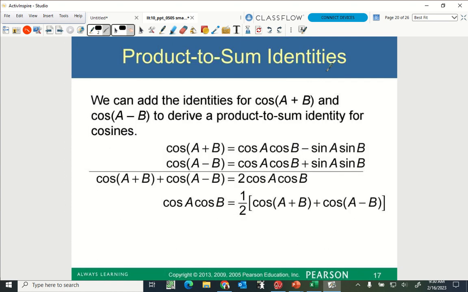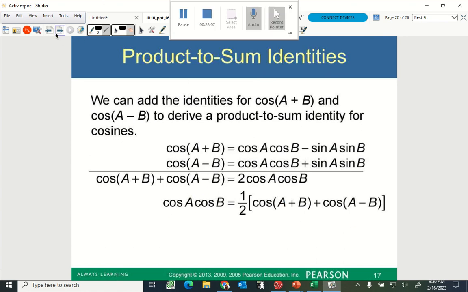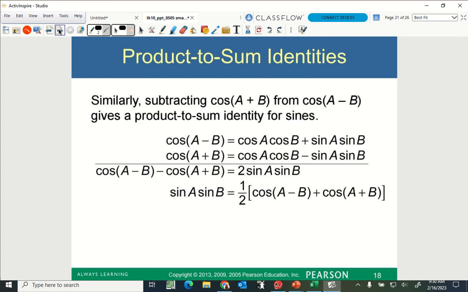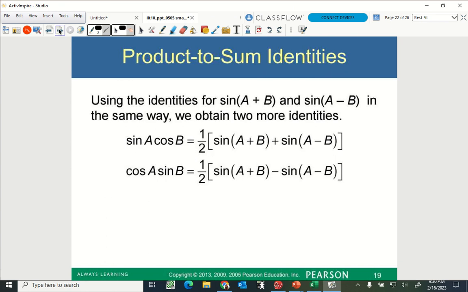Now, product of some identities. So they're going through and trying to rewrite these as a different identity. So now I have two different angles.